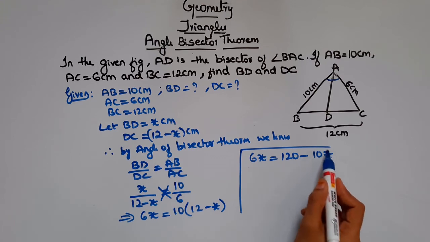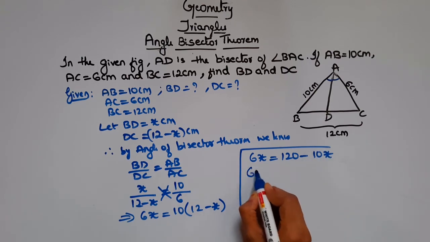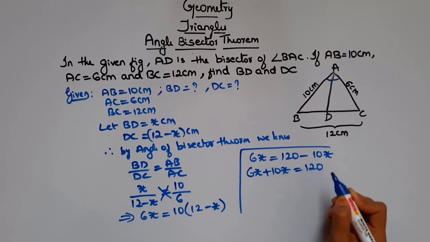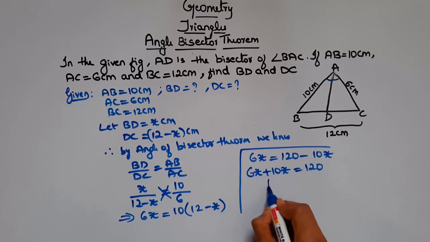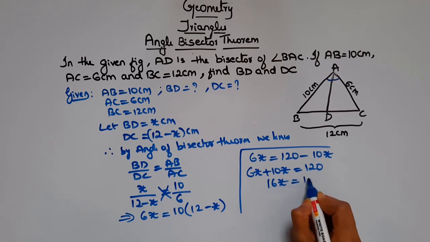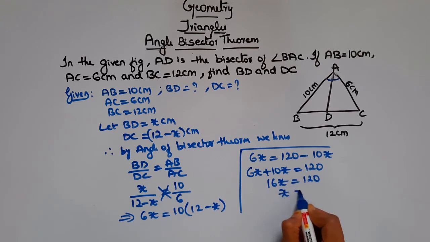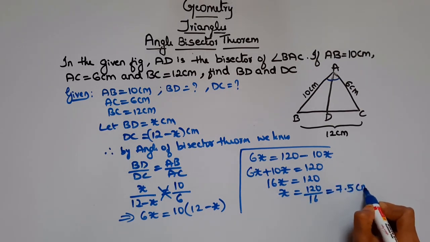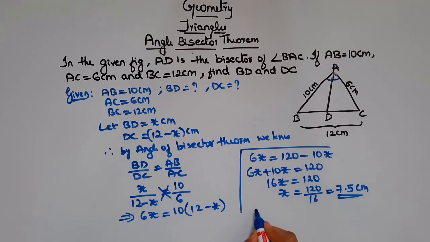So, let us bring this x term together. So, this will be 6x plus 10x is equal to 120. So, here 10 plus 6 is 16x is equal to 120. So, therefore, your x is 120 by 16. So, this will give you 7.5 centimeter. So, your x is 7.5 centimeter.